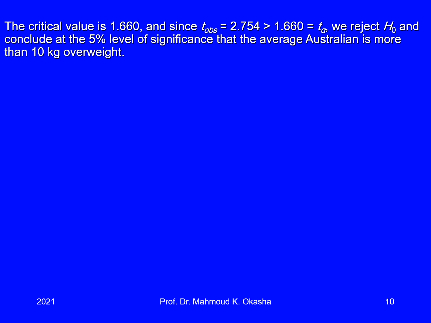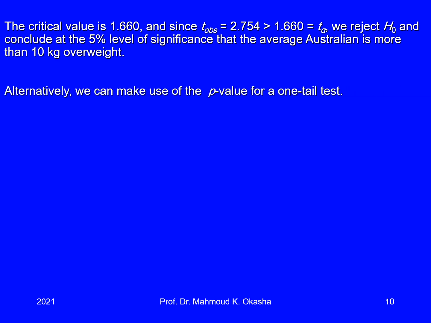So we must reject H naught and conclude that at this 5% significance level, because it's very much less than 5%, the average Australian is more than 10 kilograms overweight.